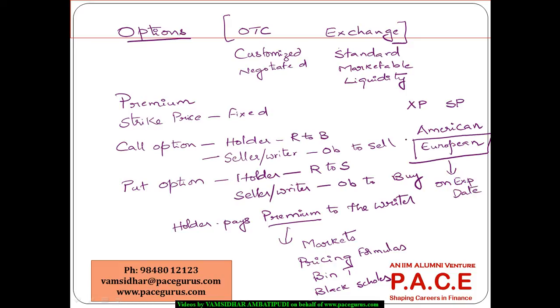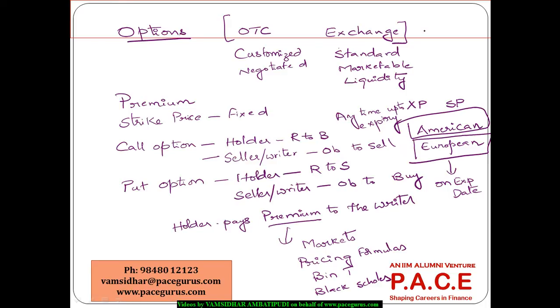Whereas in the case of American, the exercise can happen any time up to the expiration date, whereas European options you have to exercise only on the expiration date.